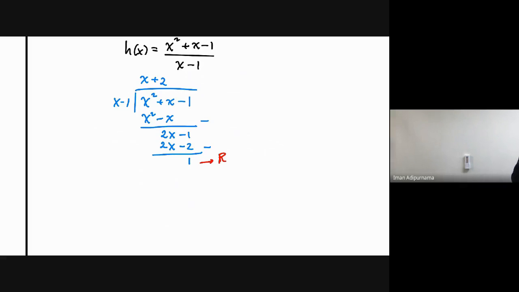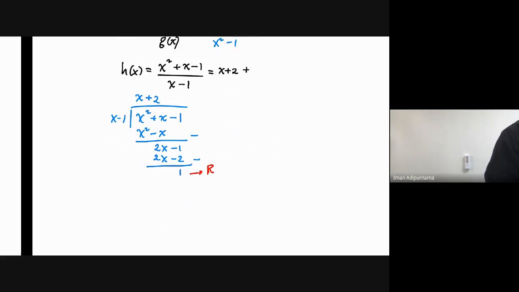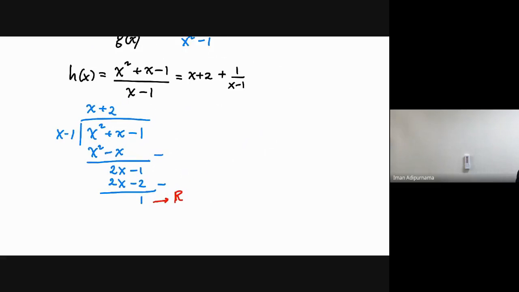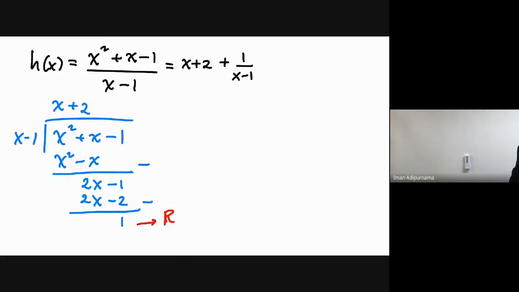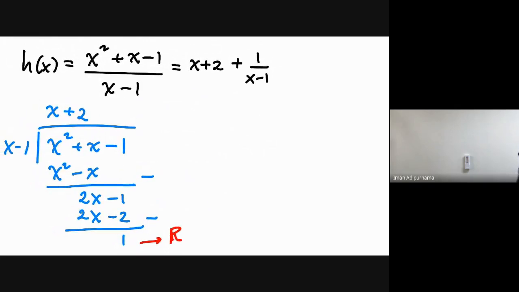So I can rewrite h of x as x plus 2 plus the remainder over the divisor.